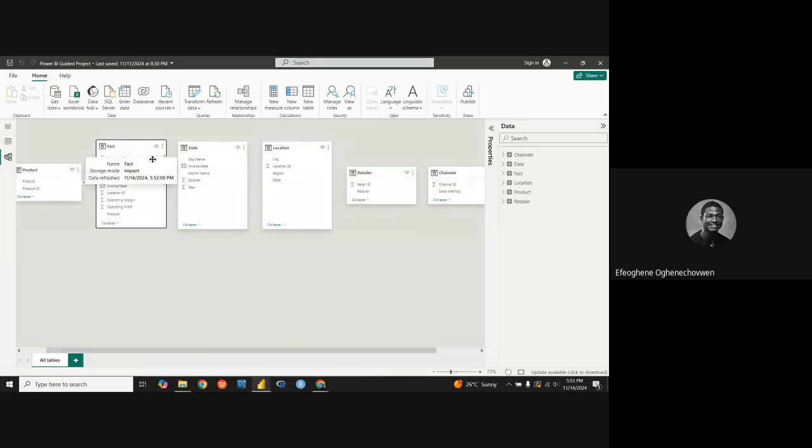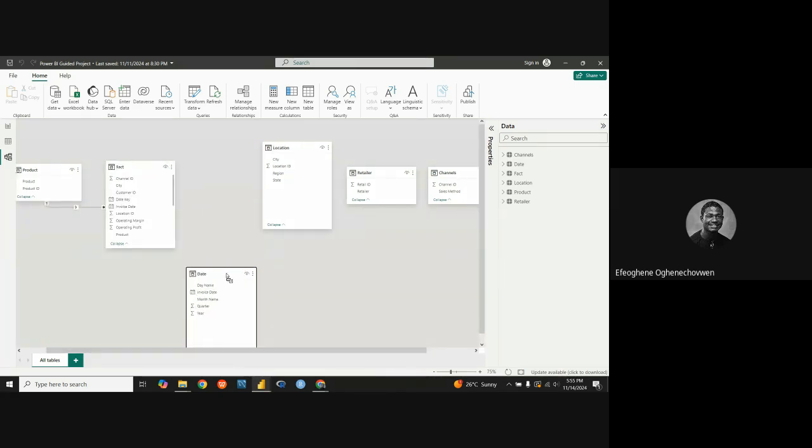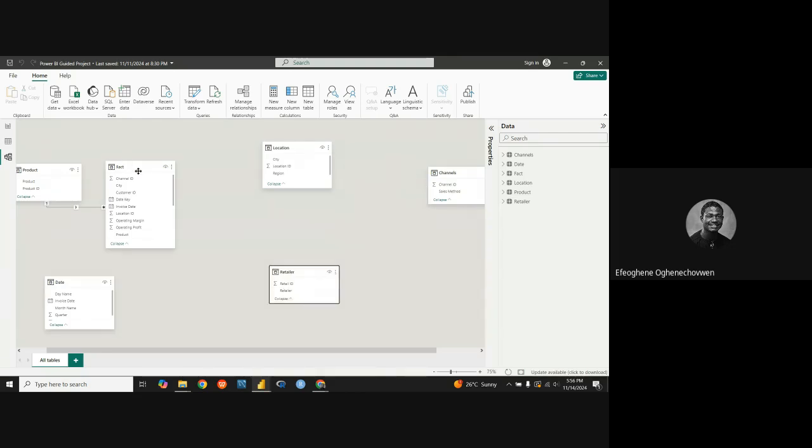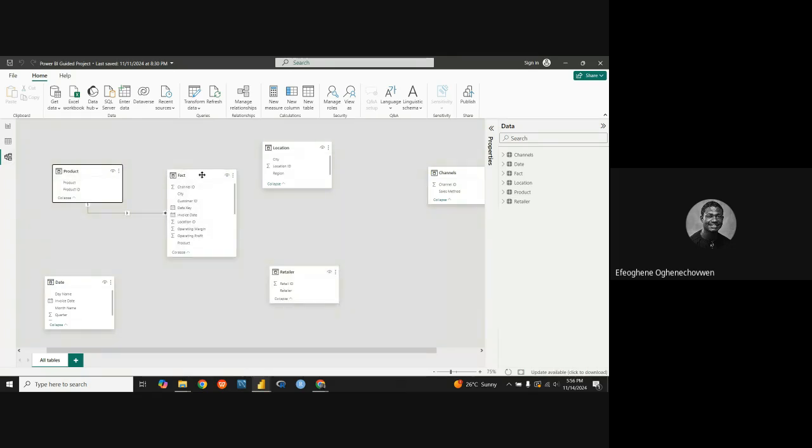All right, so let's reduce the size. Let's check what you can see.